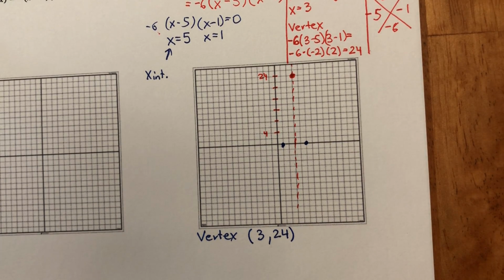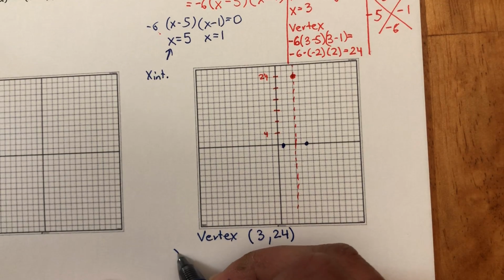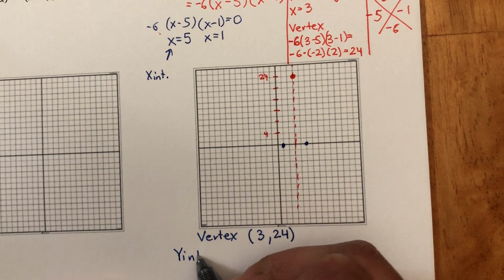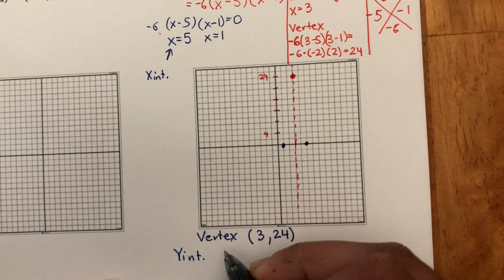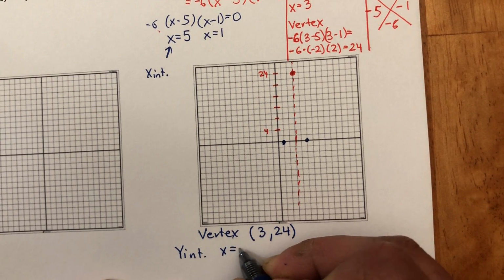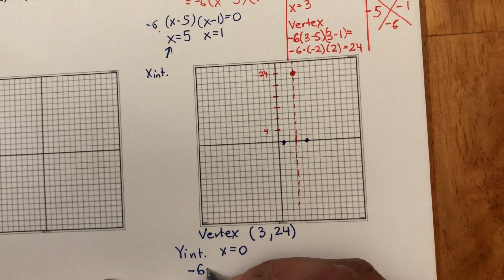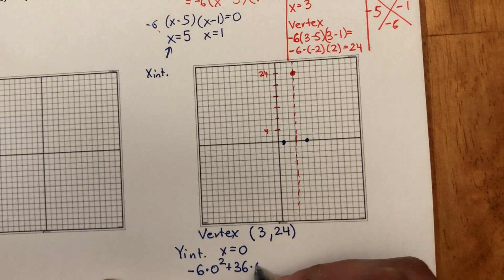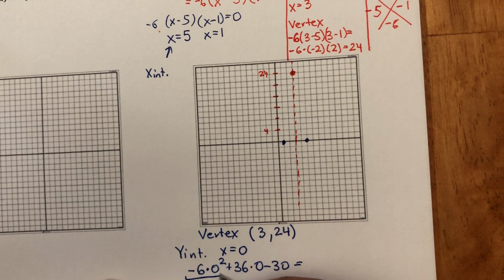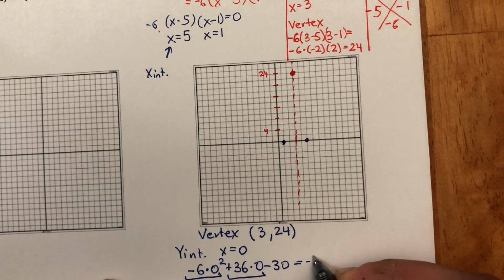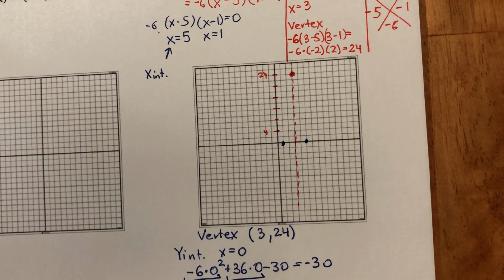Okay, next thing that we did find was the y-intercept. To find the y-intercept, we have to set x equal to 0. So everywhere in place of x, I am going to plug in 0. This is 0, this is 0, so the only thing that I have is -30.